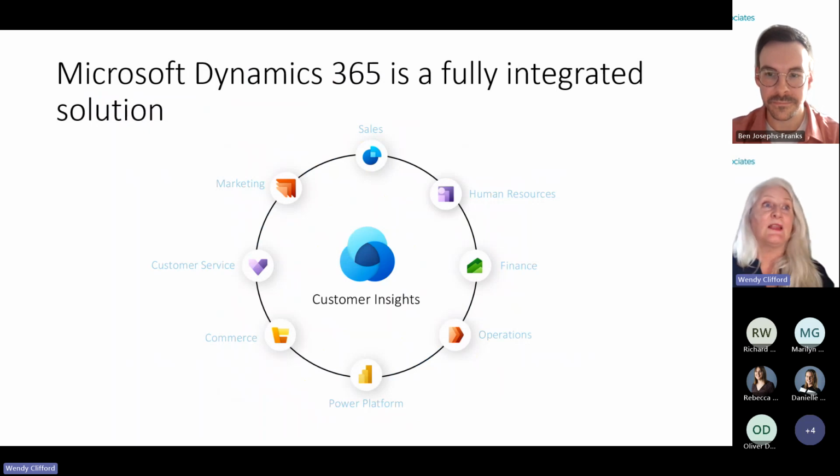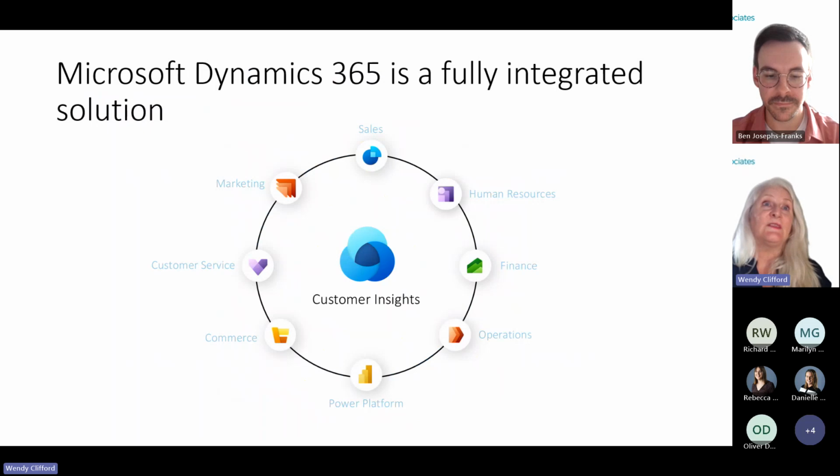The reason why I'm leaving out commerce, operations, finance, and human resources is because they operate using a slightly different method of implementation, which is much more suitable for the enterprise customer. It uses something called Lifecycle Services, and it is a very costly implementation, and the costs of the licensing for those platforms are much higher.